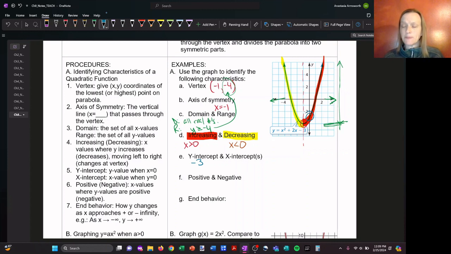And the x-intercepts, there are two of them for this particular parabola. I have one at x equals -3 and another at x equals 1.